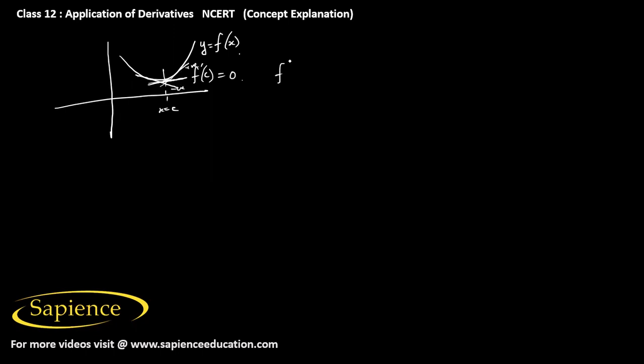So f dash x is increasing from negative value to positive value. So I can say that the rate of change of slope, which is f double dash c, should be greater than 0.